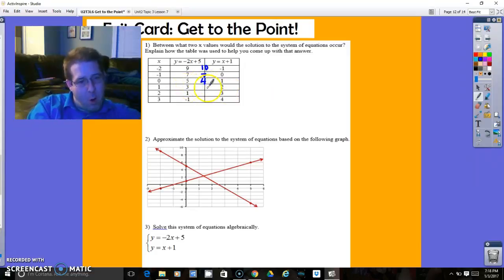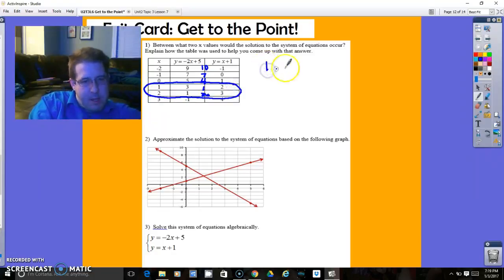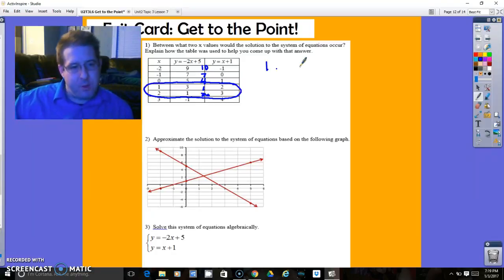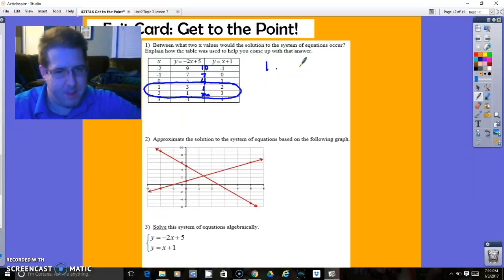These numbers are only 1 apart from each other, because this number is still 1 above this one. Now this one is 2 below. So this is kind of a crazy one to do for this table, but I know the answer has to be 1 point something. Now I don't know exactly what it is. I'd actually have to use some sort of method to solve it, either graphing, substitution method, or elimination method.